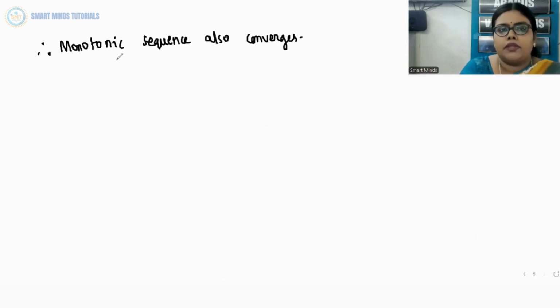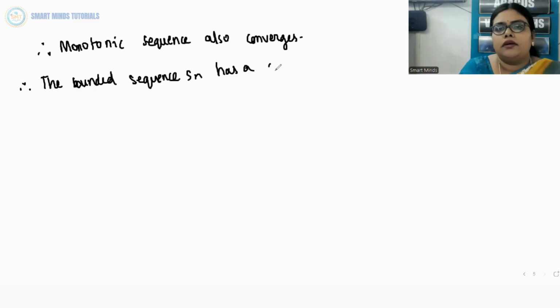So therefore you can say monotonic sequence also converges. Monotonic sequence also converges. Therefore, the bounded sequence Sn has a convergent subsequence. That is Snk.